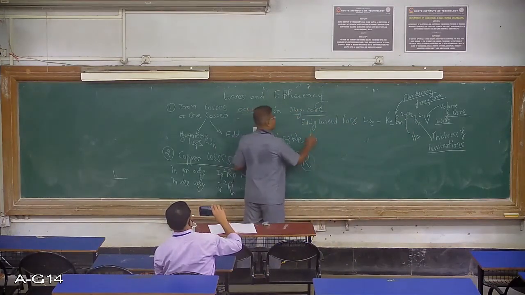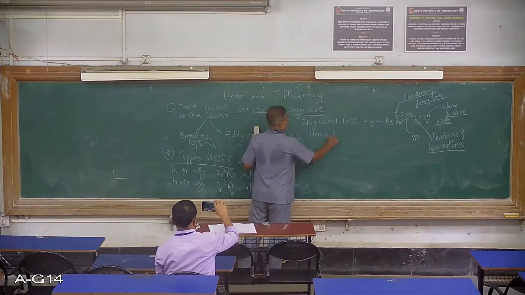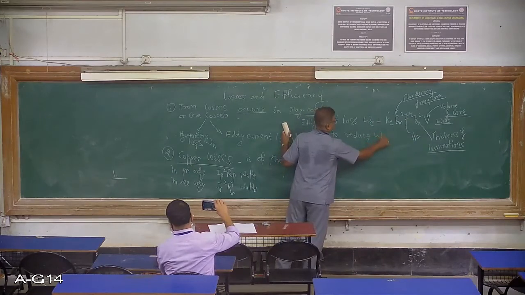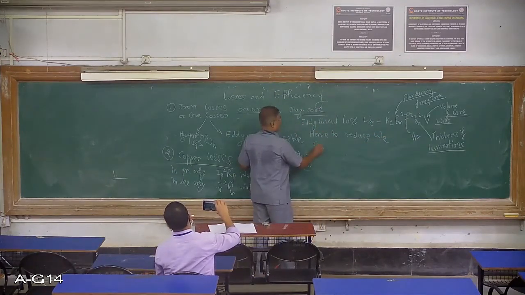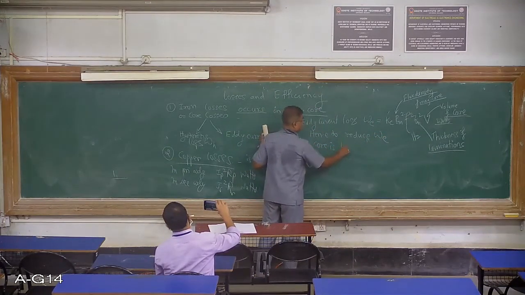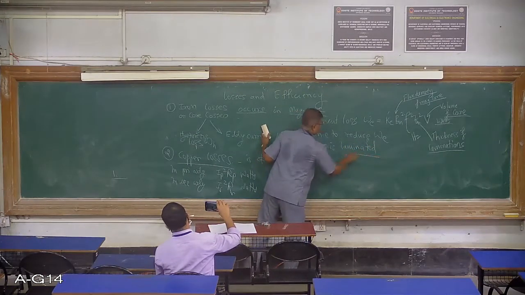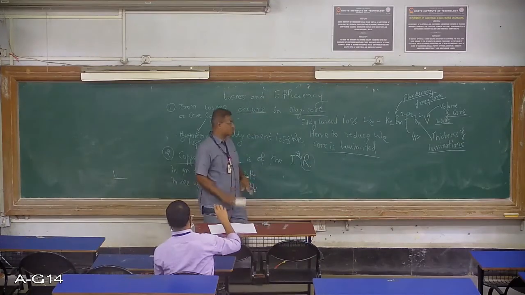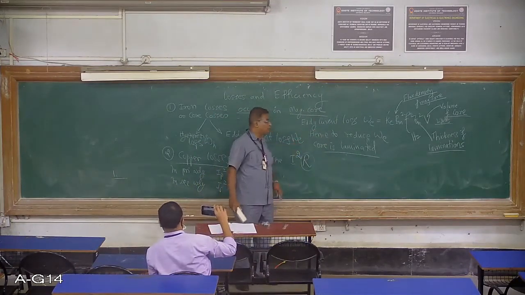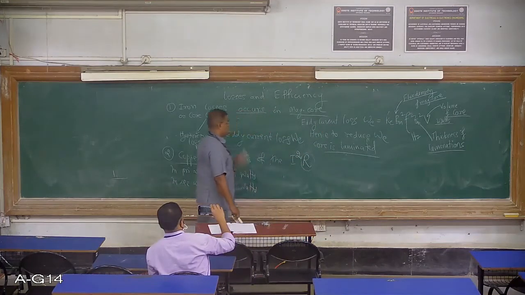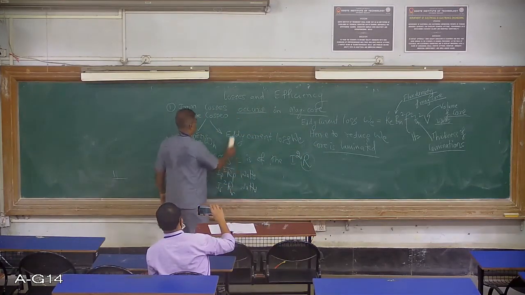Hence, to reduce WE, the eddy current loss, the core is laminated. So in order to have less eddy current loss, we laminate the core with thin laminations. So that is an account of eddy current loss.